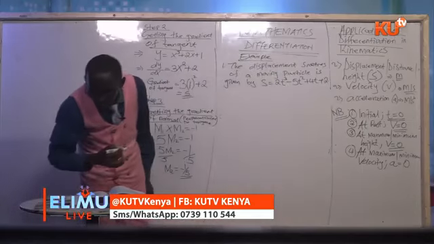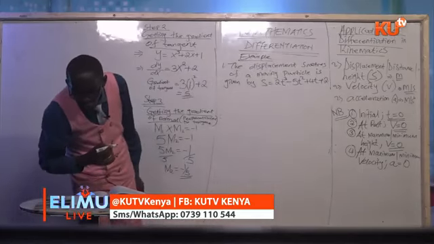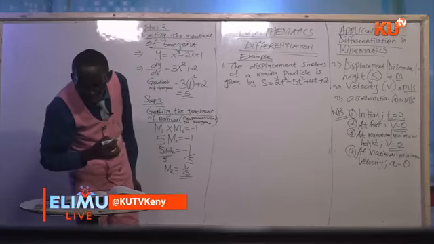Then we are told the initial velocity of the particle is to be determined.